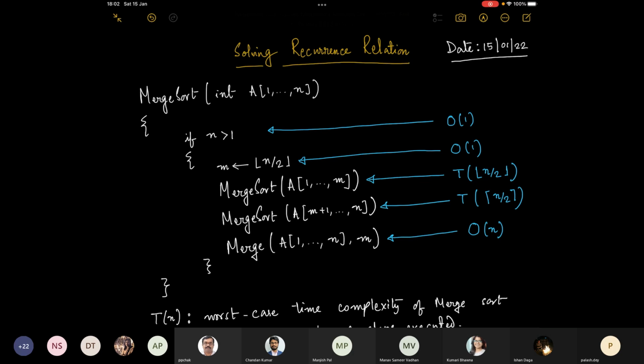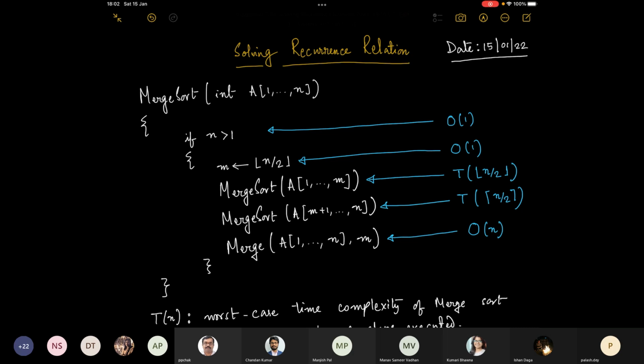This approach itself is like divide your problem into smaller subproblems and recursively solve those subproblems, and then somehow combine the solutions of those subproblems to obtain a solution for the given problem.